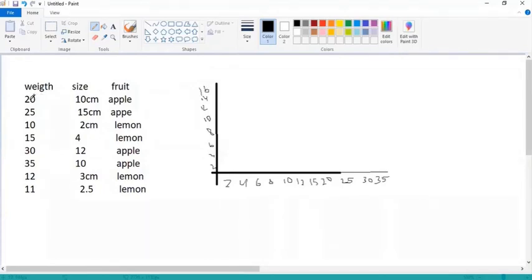So here, weight is 20 and size is 10 centimeters. So this belongs to this group. Now, weight is 25, 15 centimeters. Weight is 10, 2 centimeters.